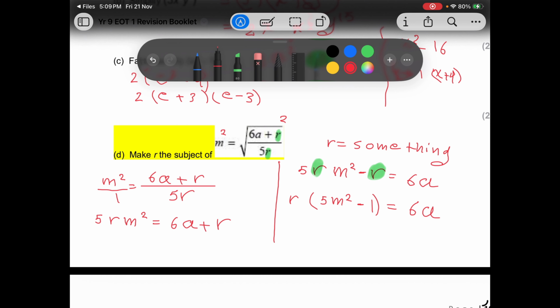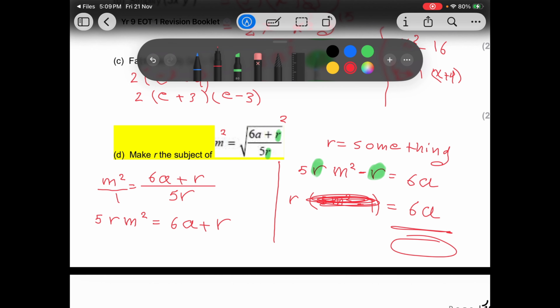Now we can divide both sides by whatever r is multiplied with. So r is multiplied by 5m squared minus 1. We will divide both sides by this, or simply you can remove it from here and write it beneath 6a.